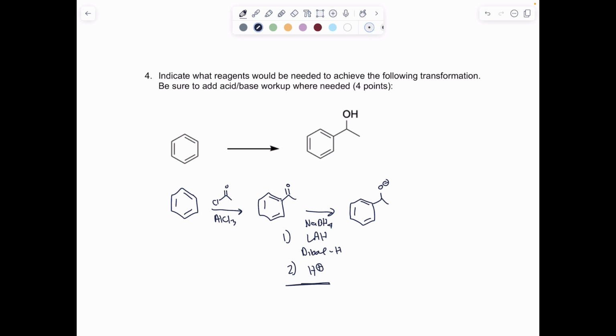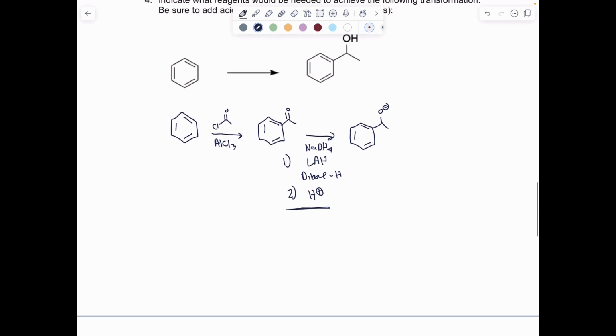Alternatively, we could try doing an alkylation instead of an acylation. So, goodness, that was a really ugly ring. Oh my gosh.